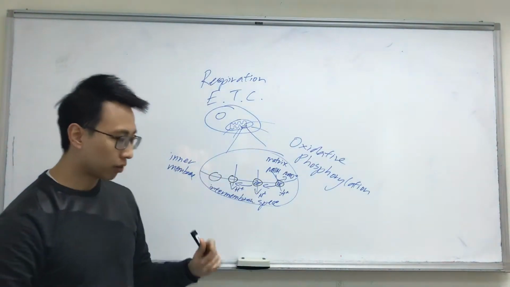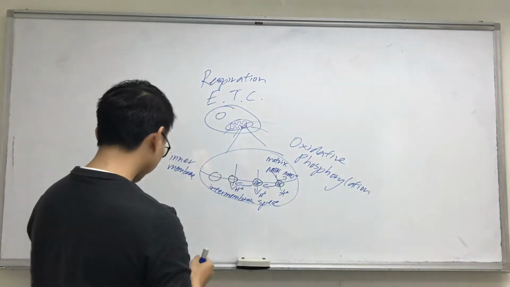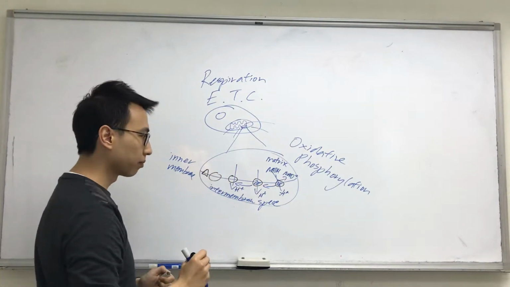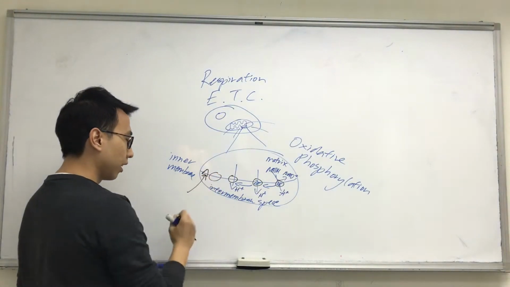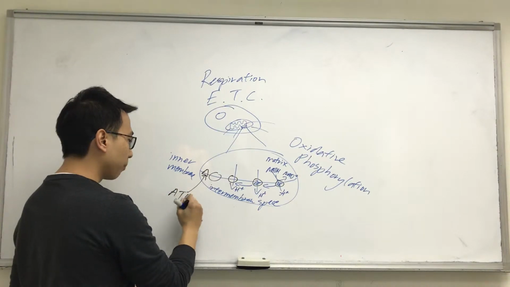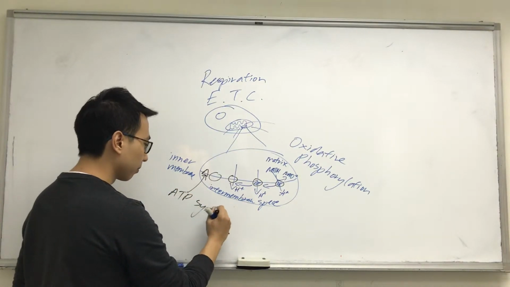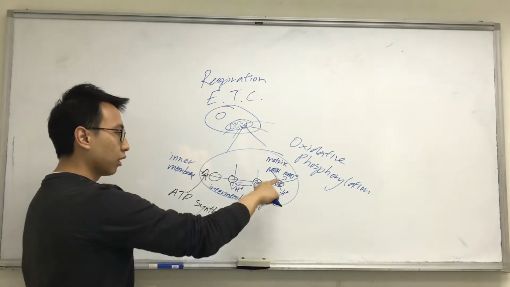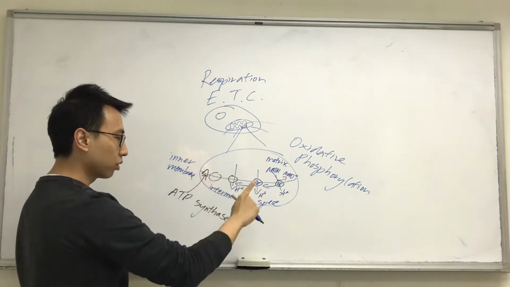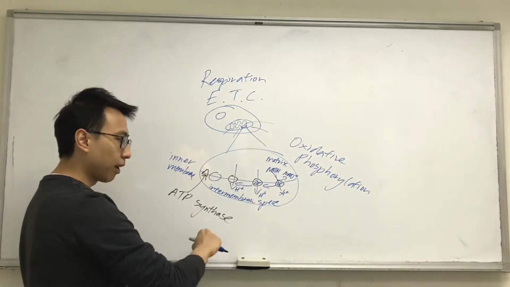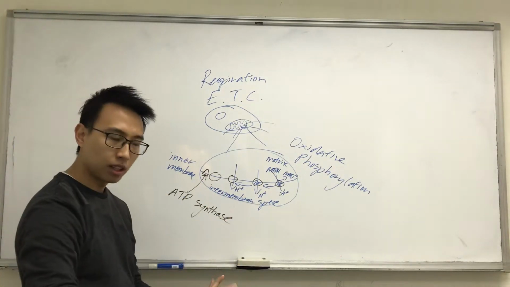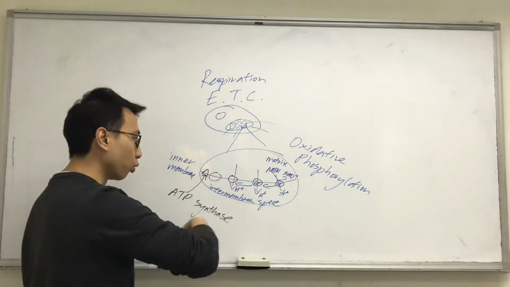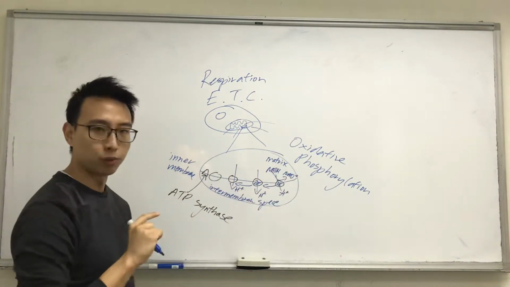What would this do later? So, if I use a different shape, a triangle, this is an ATP synthase. As the electrons are pumping hydrogen ions, this ATP synthase is able to utilize this concentration of hydrogen ions to phosphorylate a molecule.